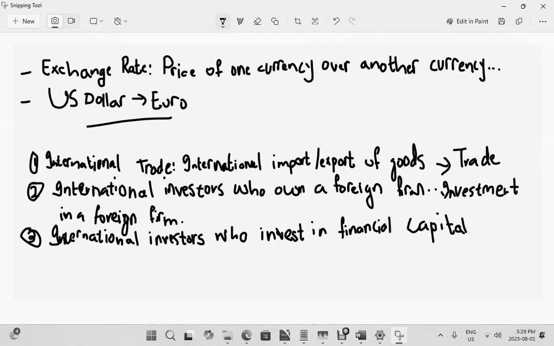And apart from financial capital, you also have tourism. Tourism brings in foreign currency, and sometimes tourists exchange that foreign currency to spend in the local market. So you've got tourism over here, which is exchange of foreign currency.